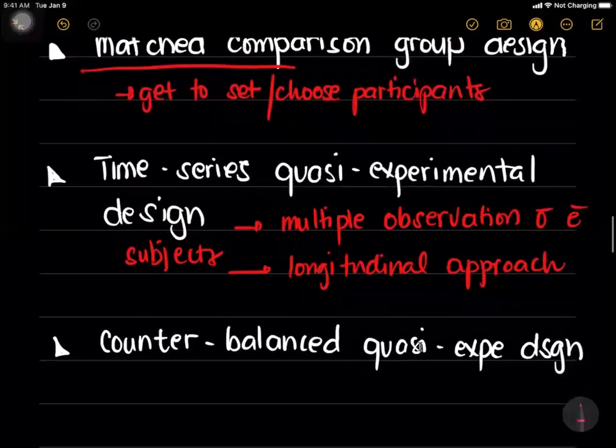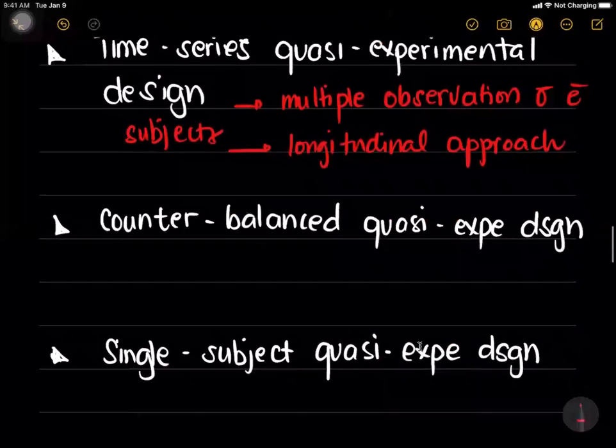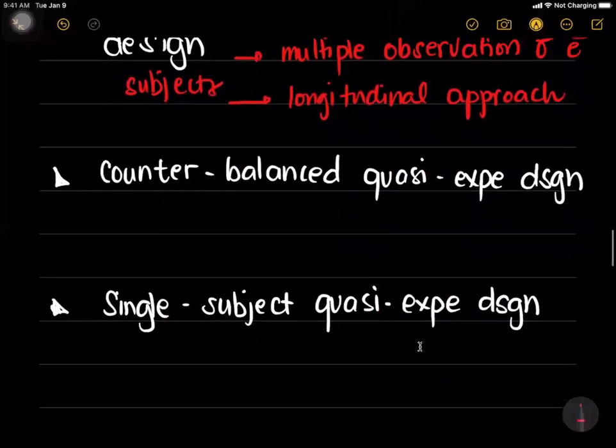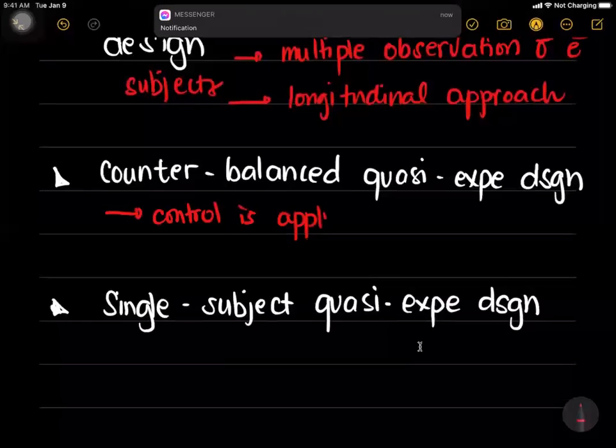Next we have, oh, yes, your counterbalanced quasi-experimental design. So in here, control is applied to one group to examine the effects of all treatment and condition to control variables. So control here is applied to one group only.